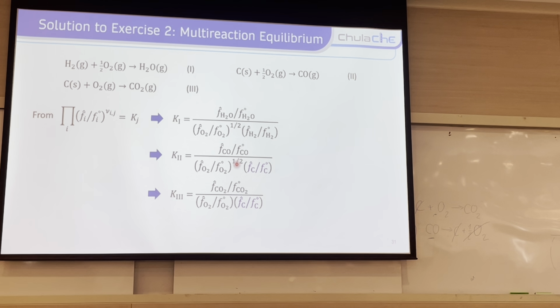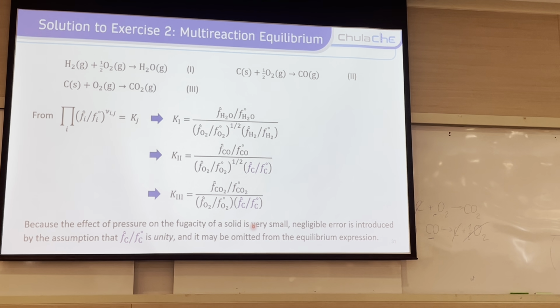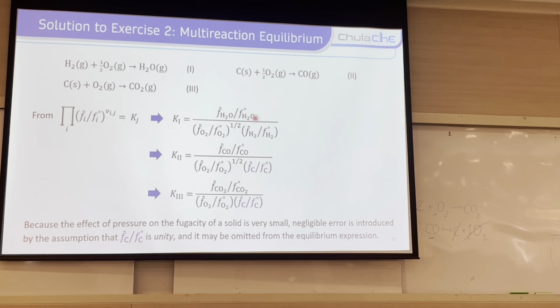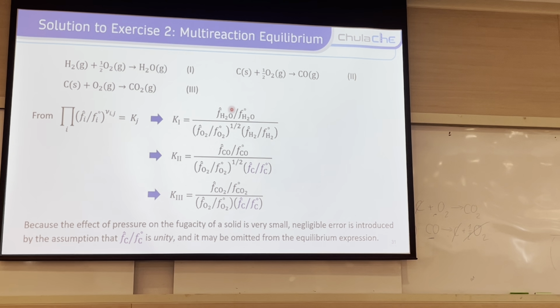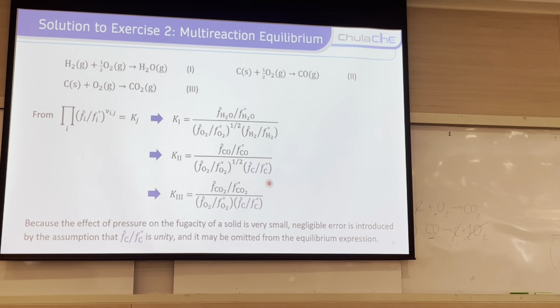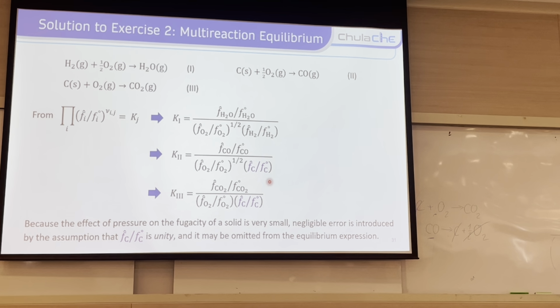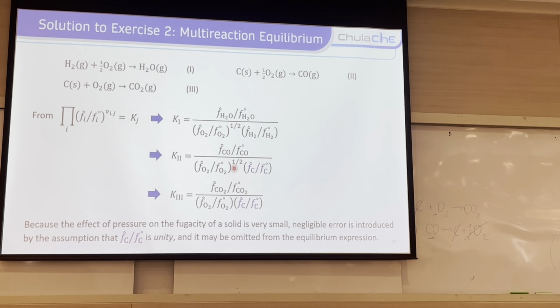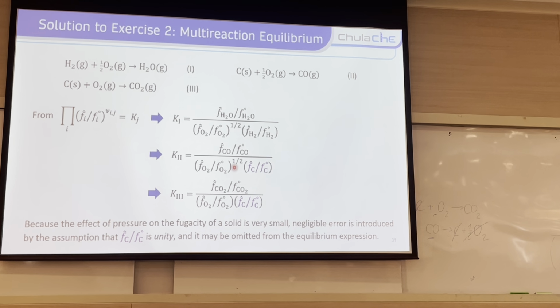And same with reaction number 2 and number 3. So in this case, you have to find the fugacity of water, oxygen, hydrogen, carbon monoxide, carbon dioxide, and carbon. And the carbon is in the solid state, the solid carbon. So usually the fugacity is related to the pressure. And in the case of solid state, the effect of pressure on fugacity is very small.